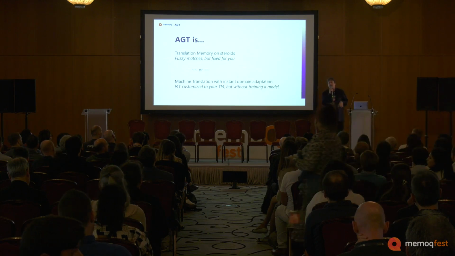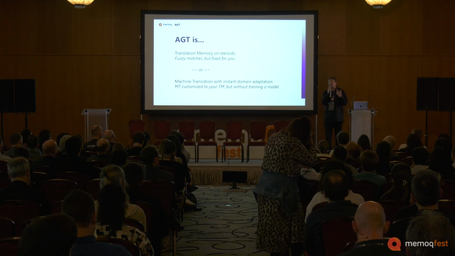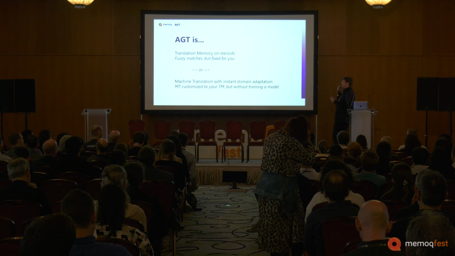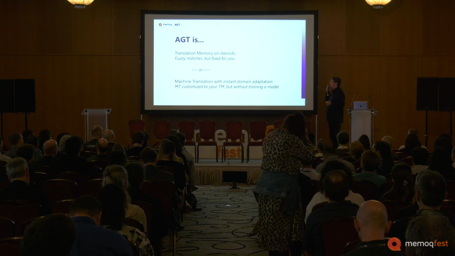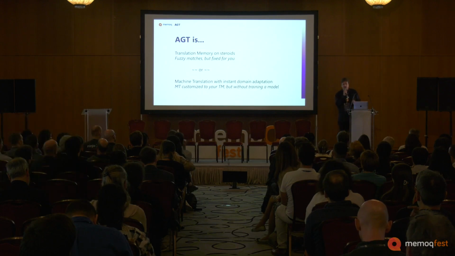This process is complicated. This has to happen offline. You have to already accumulate several thousand, maybe tens of thousands of segments before you can create a worthwhile customized MT model. Instead, with AGT, you basically get that off the shelf, because the large language model uses the relevant TM matches and adapts the translations on the fly.